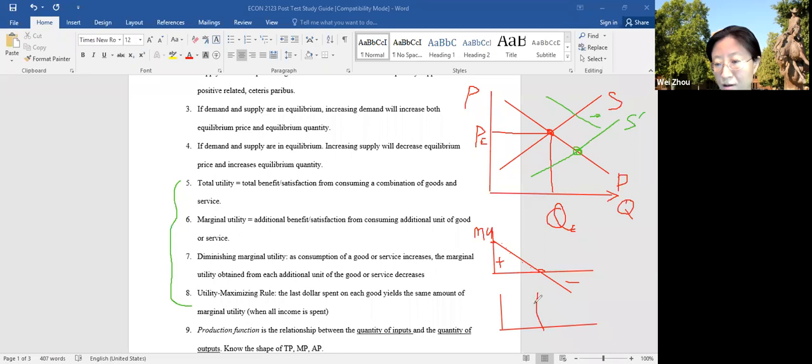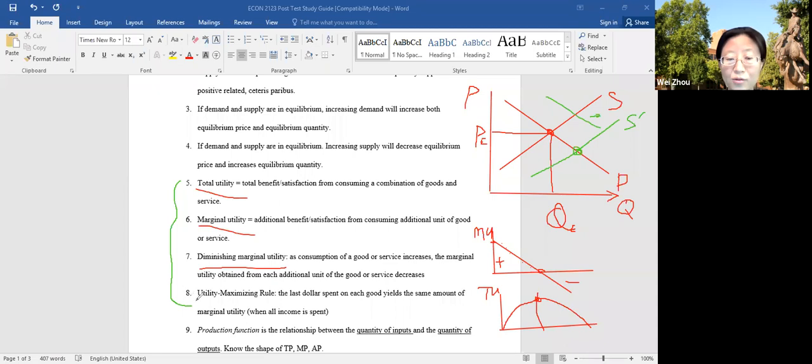Then we add all the tacos' happiness, and we find that as long as your additional happiness is positive, your total happiness or total utility goes up. As soon as your additional happiness is going to hurt you, your total happiness goes down. Okay, so here we have total utility and marginal utility, and we see the marginal utility always goes down.